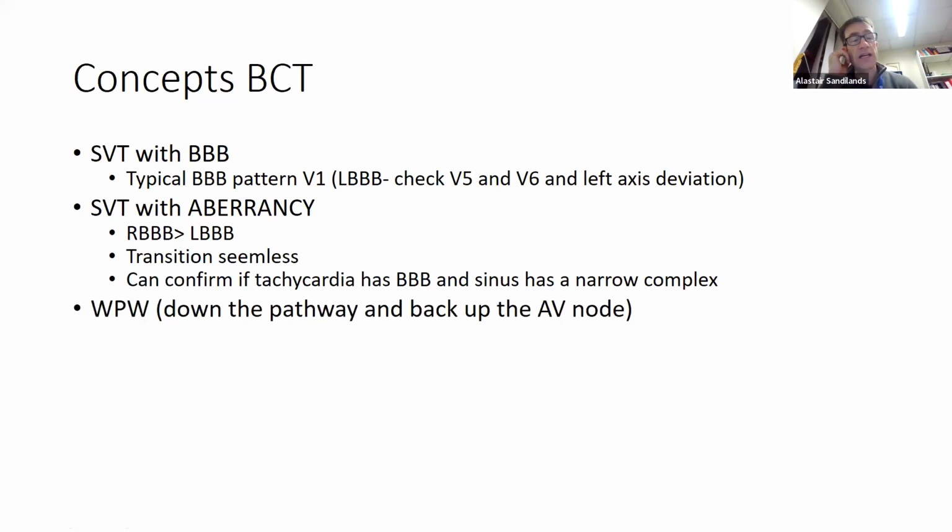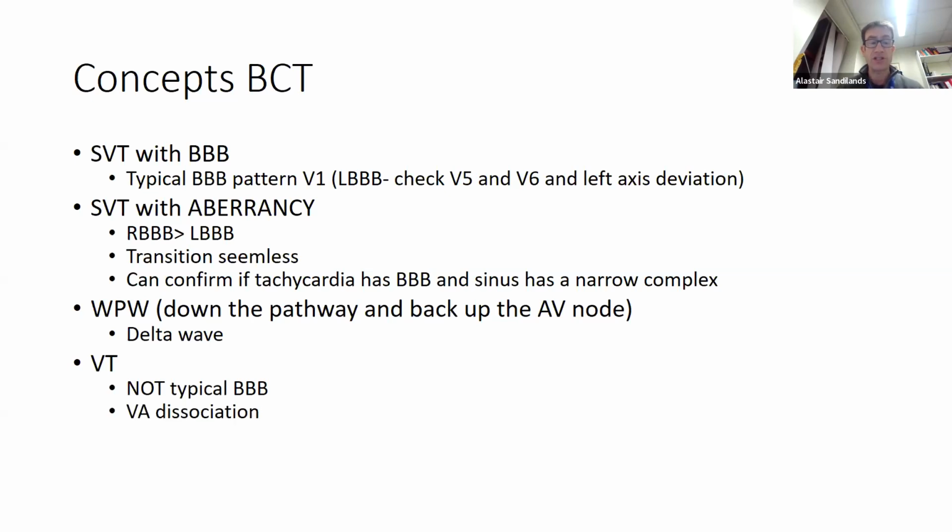Where else can you get a regular broad complex tachycardia? We've talked about when it's Wolff-Parkinson-White, when it goes down forwards over the pathway from the atrium to the ventricles and back up the AV node to re-enter the atrium. So there will be a presence of a delta wave. And lastly, ventricular tachycardia, which will not show a typical bundle branch block pattern in V1.